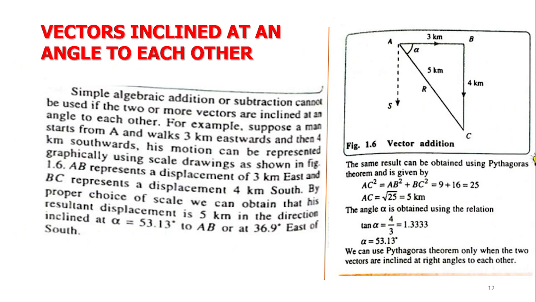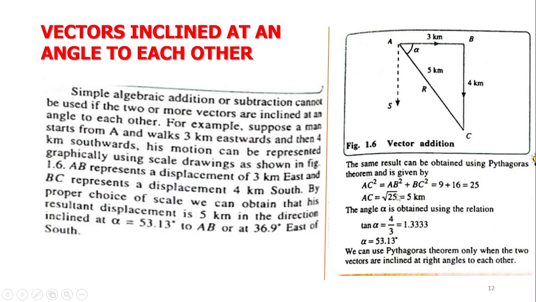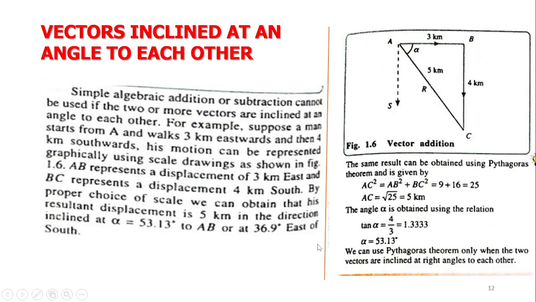So now that's definitely our answer. Looking at this, the inverse tan of 1.33 gives this. So here is the value of the direction. Our answer now is 5 kilometers, and the direction is 53.13 degrees.